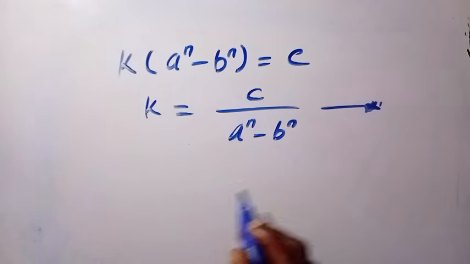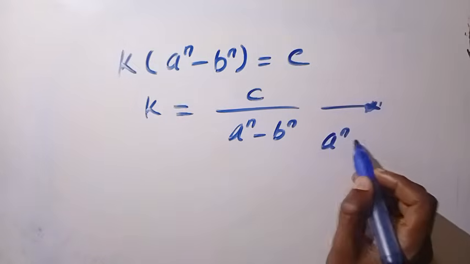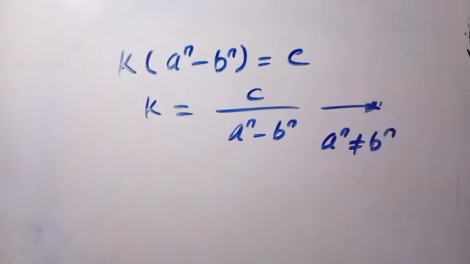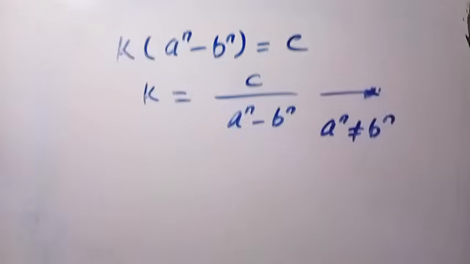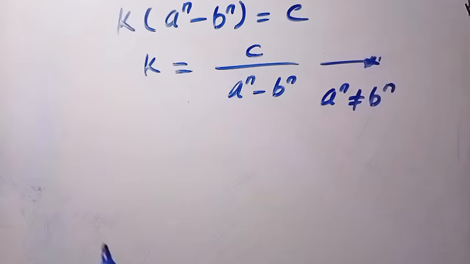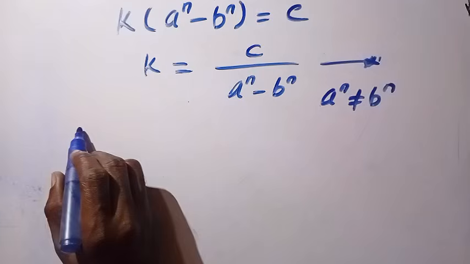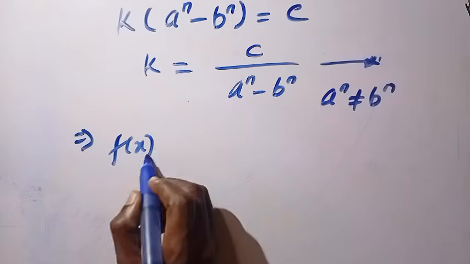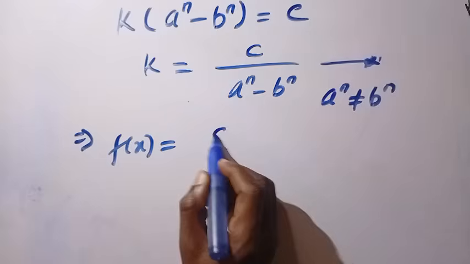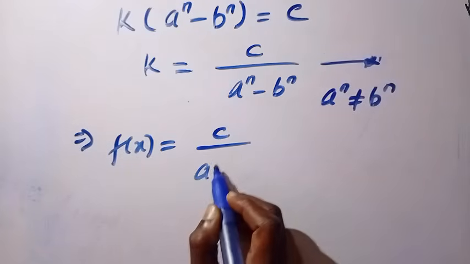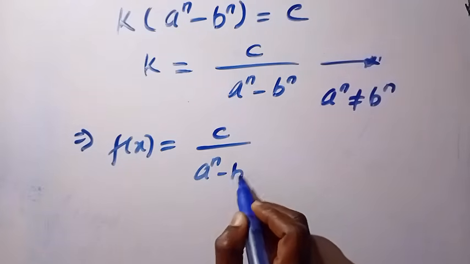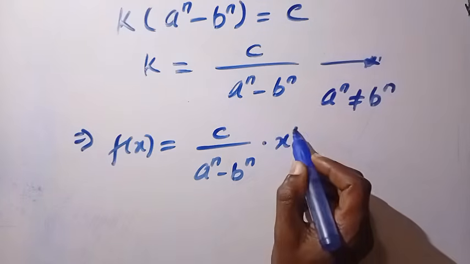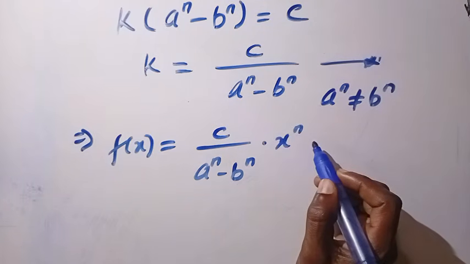This is provided that a raised to the power n is not equal to b raised to the power of n, so that we do not have an undefined expression. So therefore, in a general form, we are going to have f of x equals c divided by a raised to the power n minus b raised to the power of n, multiplied by x raised to the power of n.